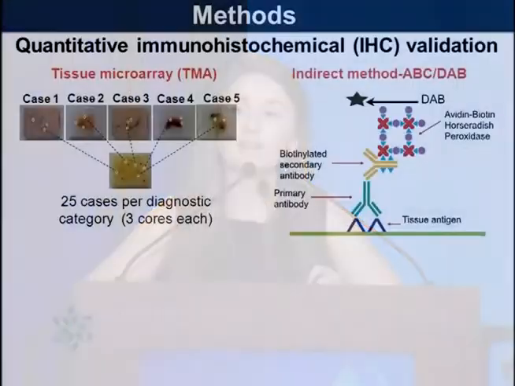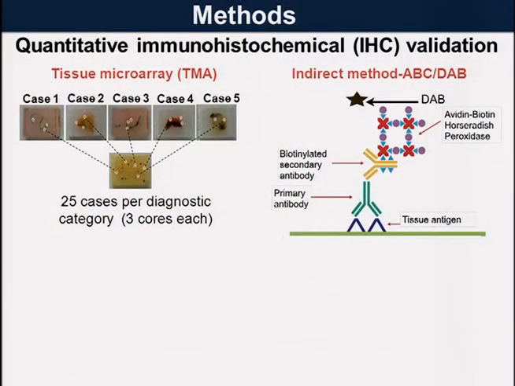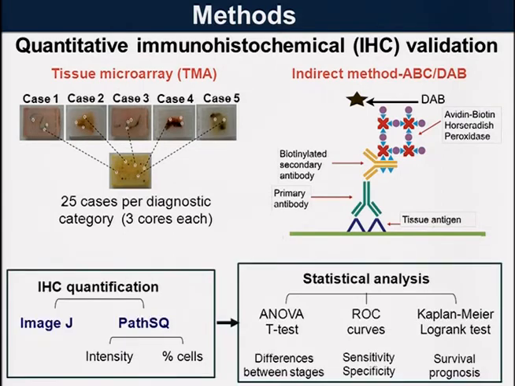In order to perform the immunohistochemical analysis, we used an indirect method using primary antibodies with a biotinylated secondary antibody and using the avidin complex with the horseradish peroxidase to oxidize the DAB. We used two methods to quantify the DAB precipitation. The first one was the NIH digital software image analysis, which gives a relative quantification of the DAB stain.